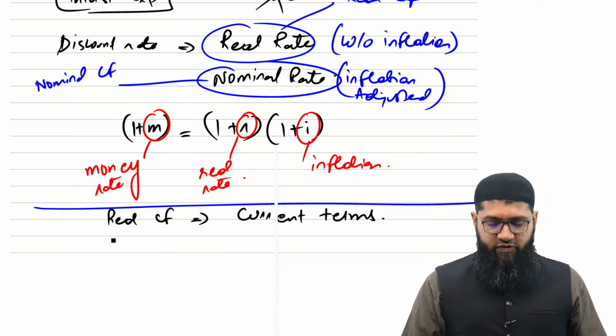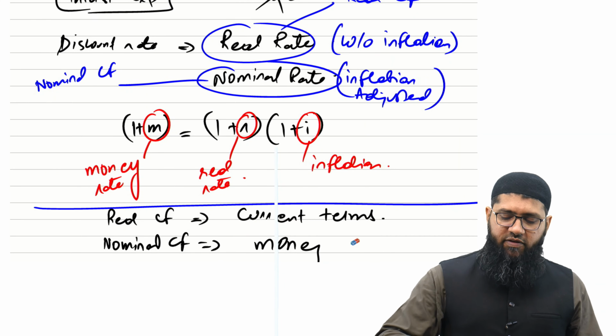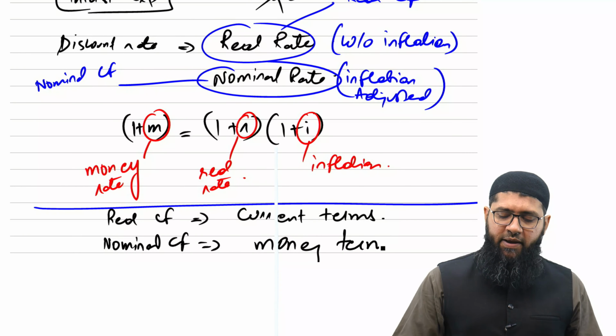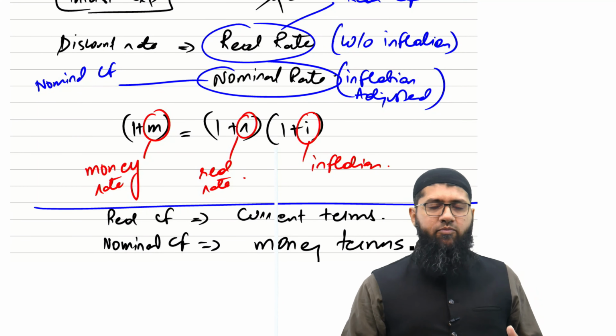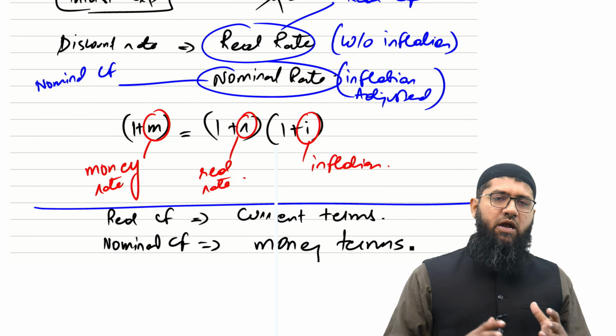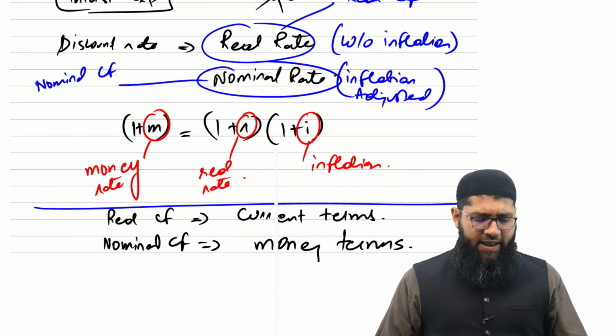The examiner could also say that the cash flows are expressed in money terms. So when the examiner says that the cash flows are expressed in money terms, the money terms are also an indicator that it's inflation adjusted. Now this is how you actually incorporate all the concepts into the NPV calculation.